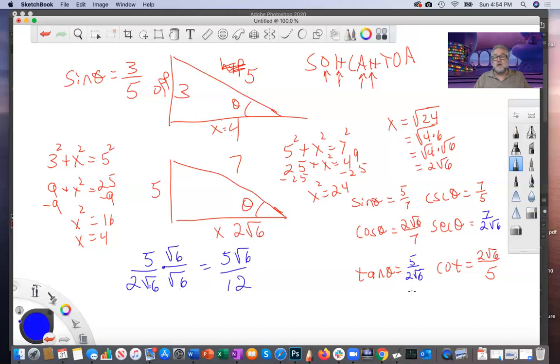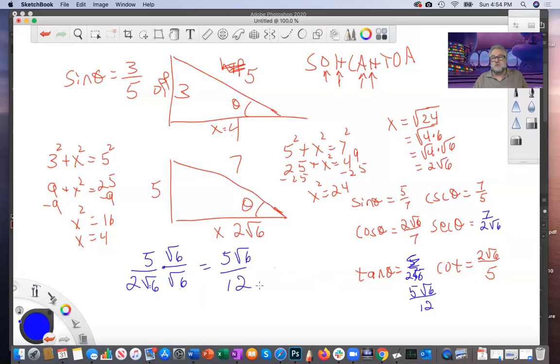So we have to have 5 radical 6 over 12. You have to have a rational denominator.